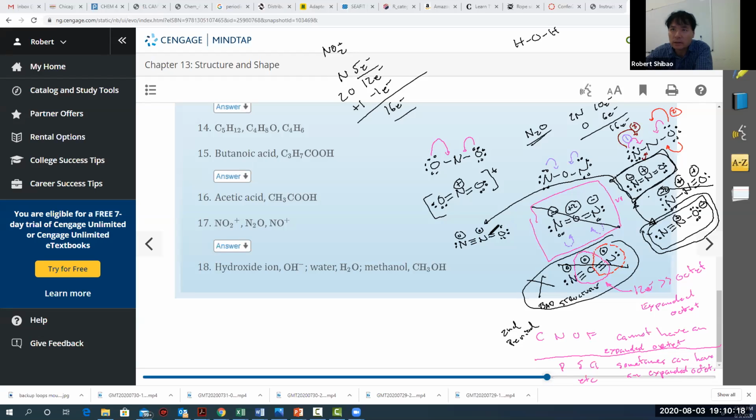But when you look at this nitrogen, it's impossible, because this nitrogen cannot have more than an octet. Even though it's a great formal charge, it's got 2, 4, 6, 8, 10 electrons. 10 electrons is greater than an octet. And again, second period does not violate the octet, and therefore this structure is no good.